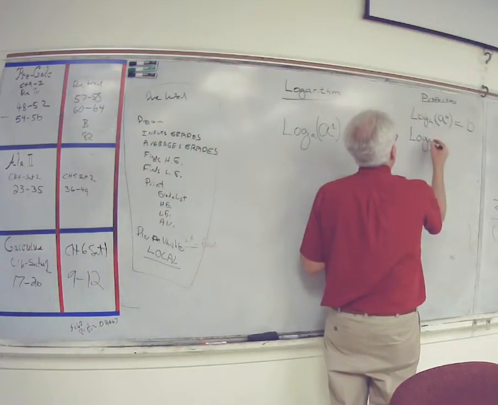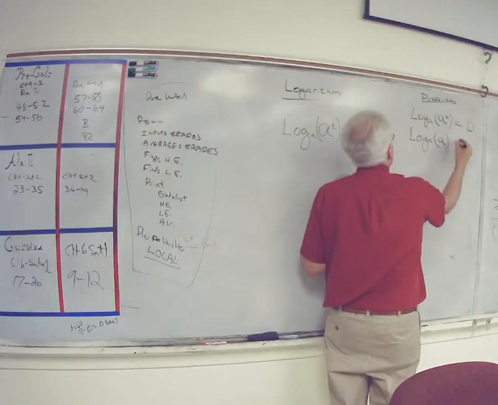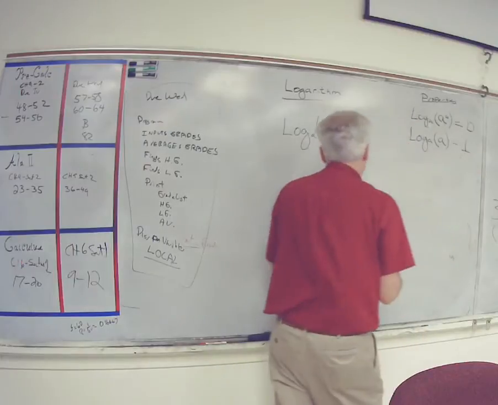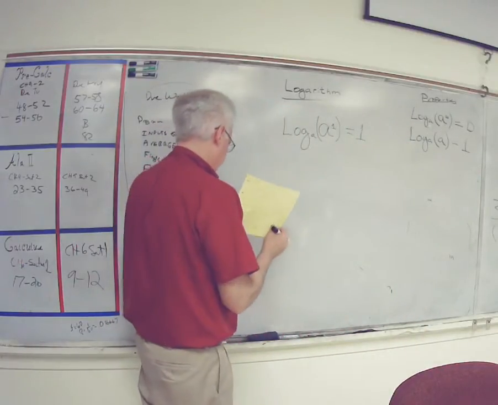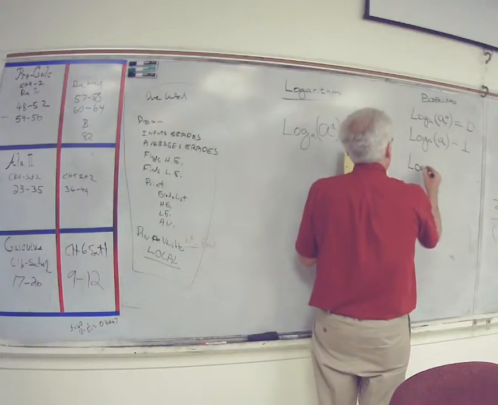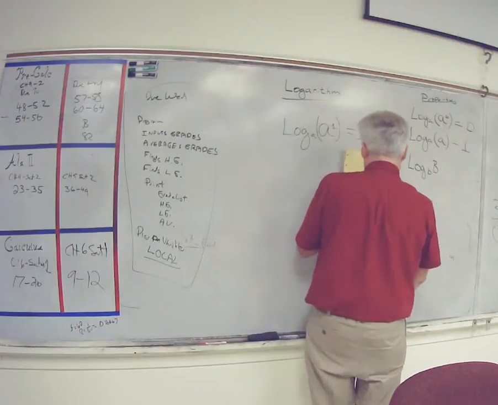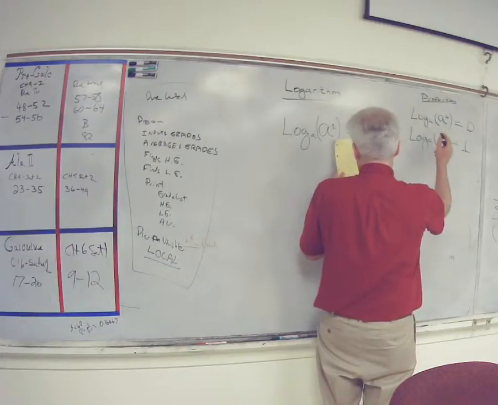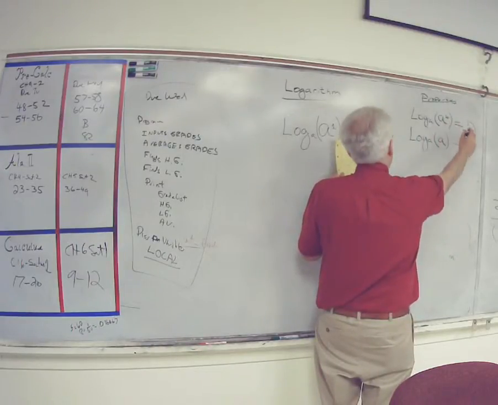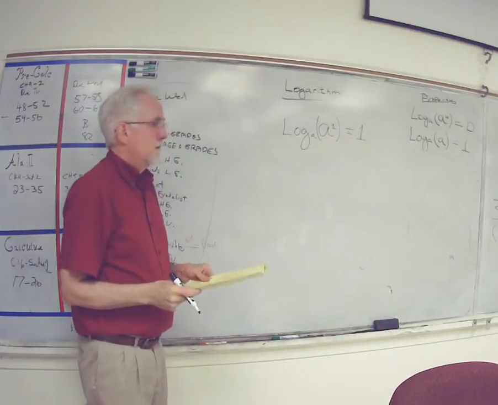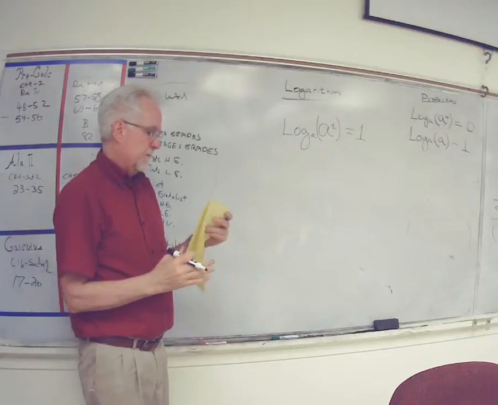If I have log a of a, that's always going to be equal to 1. And if I have log a of a to the b, that's just going to be equal to b. So those are two good rules, right?